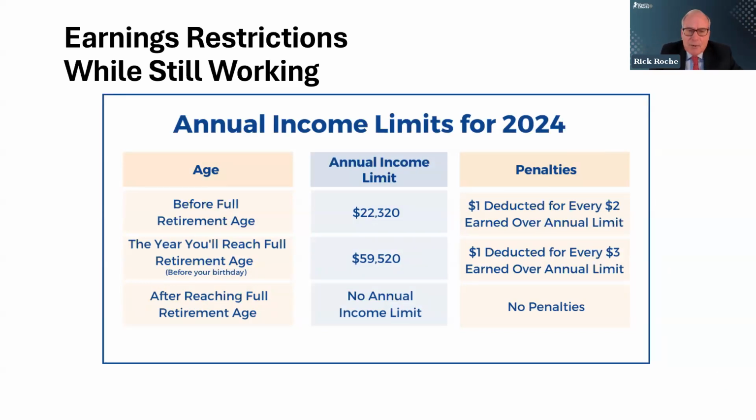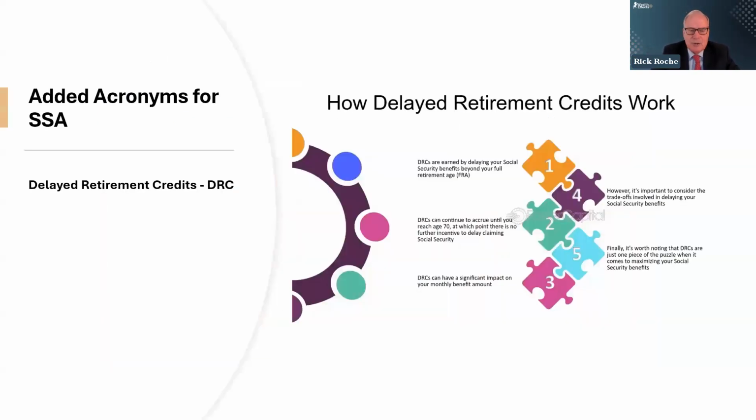And then in the year you reach your full retirement age, again, in this illustration, age 67, if you claimed your benefit prior to reaching that magic number, you would have $1 of every $3 deducted if you earned over $59,520 in that year. After you reach your full retirement age, there's no annual income limit. There's no penalty levied on individuals who work past their full retirement age.